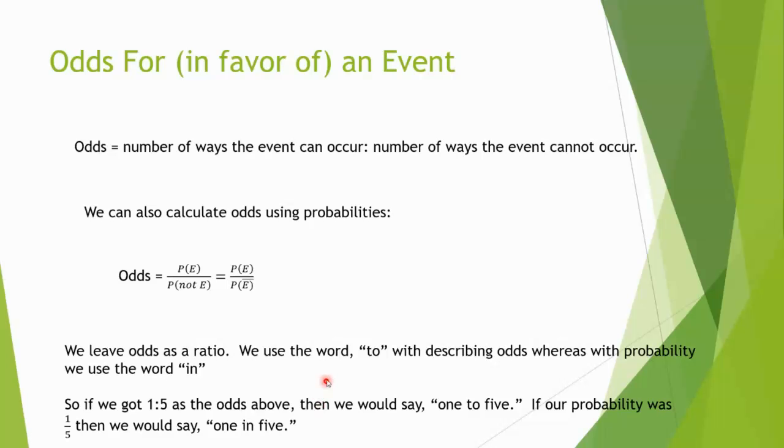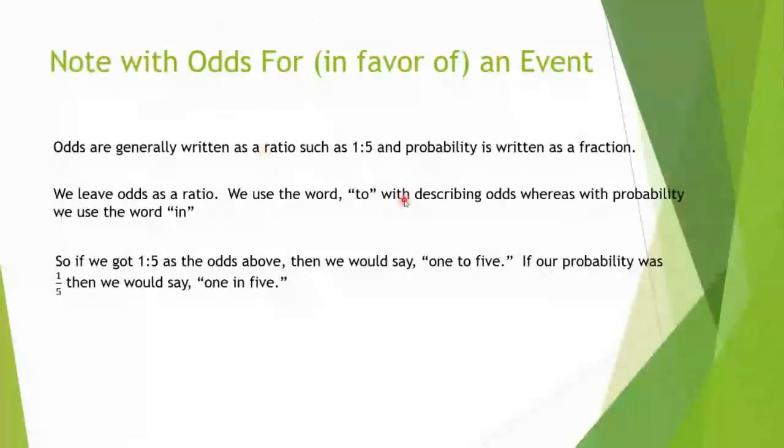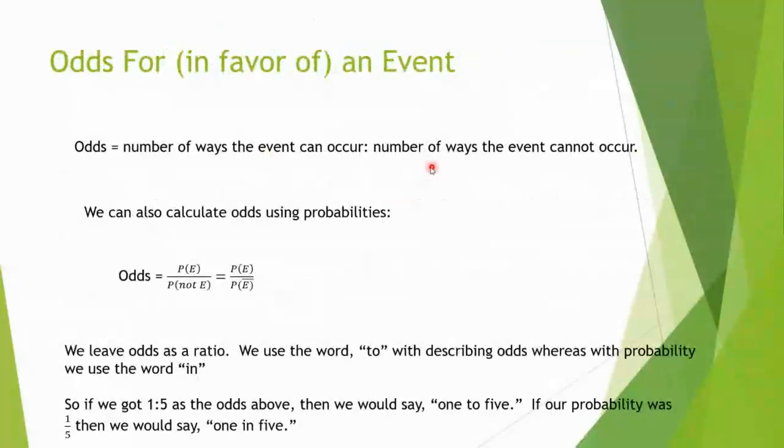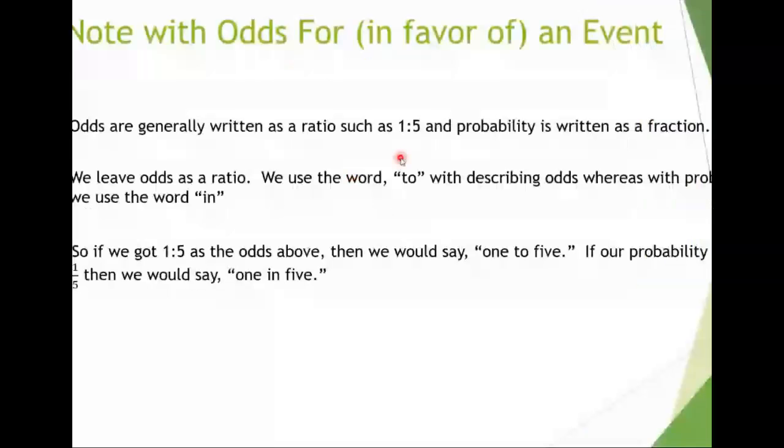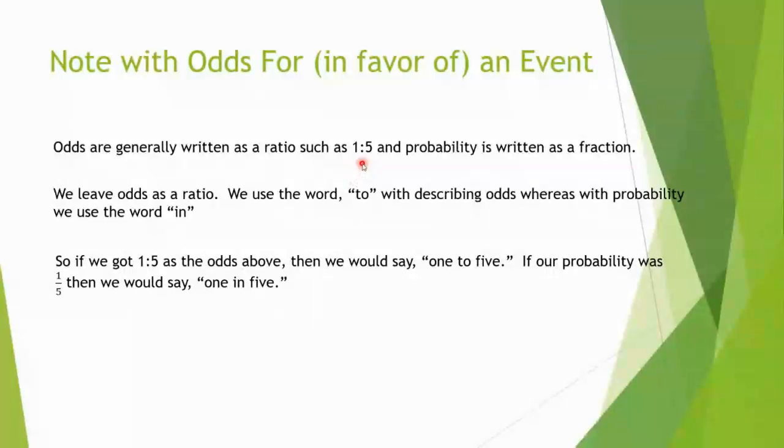I also have this on the next slide, so let me just go here. Well, wait, before I do that, again, this is a ratio. This is not a fraction. Probability alone can be written as a fraction, but not the odds. Again, the odds is written as a ratio.